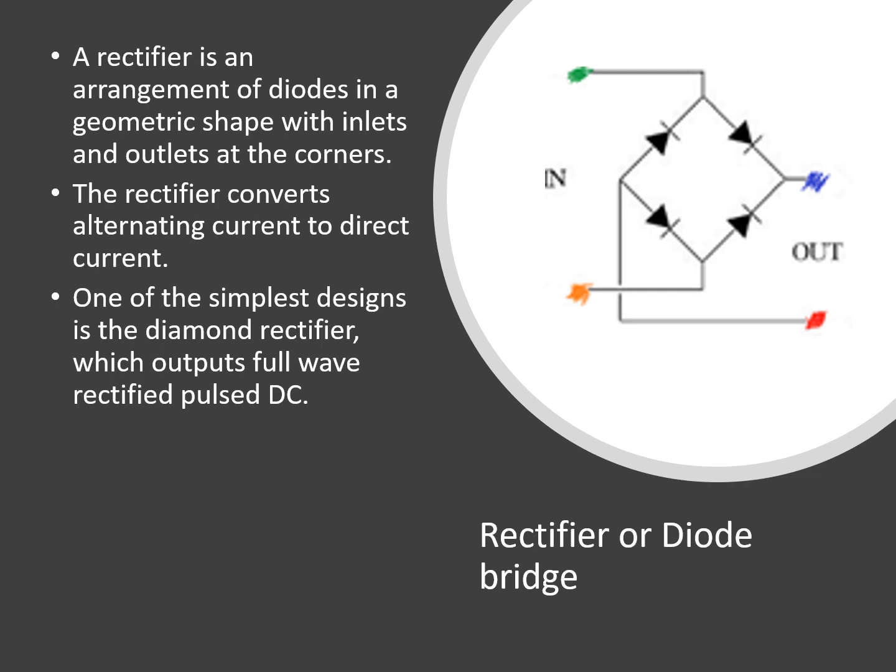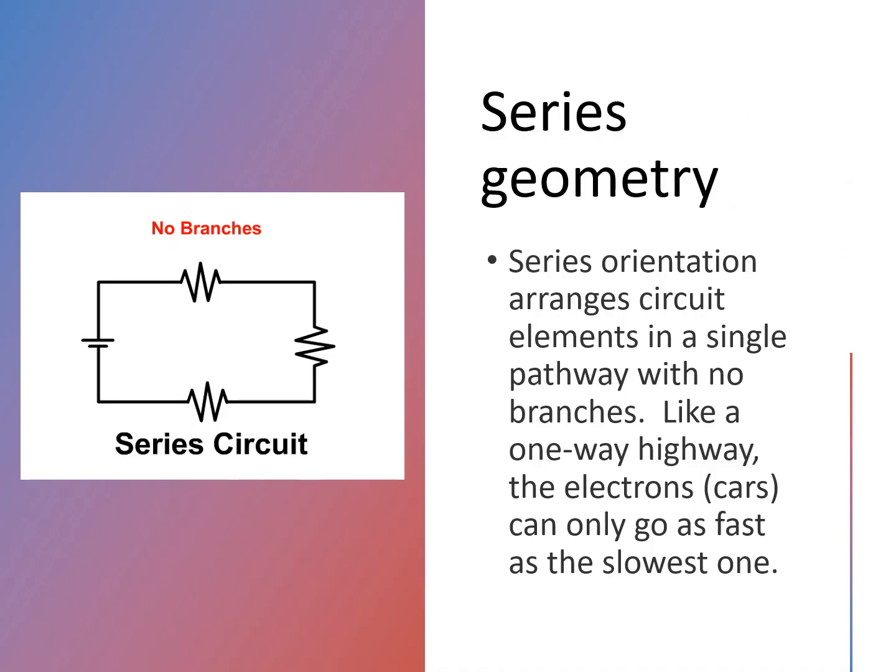So for all scenarios, the way this bridge works is negative charges can only exit the diamond via the red color, and positive charges can only exit the diamond via the blue color. In other words, direct current. So the input is alternating current, the output is direct current. And we will bring that back when we discuss the X-ray schematic.